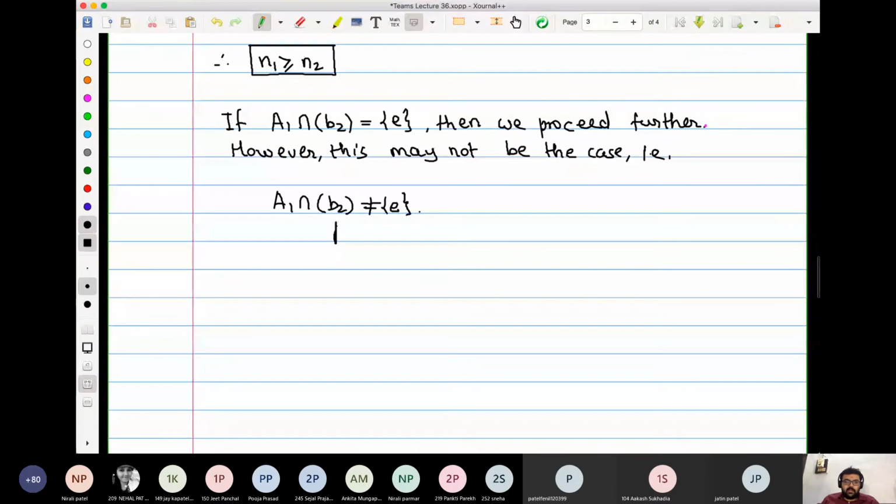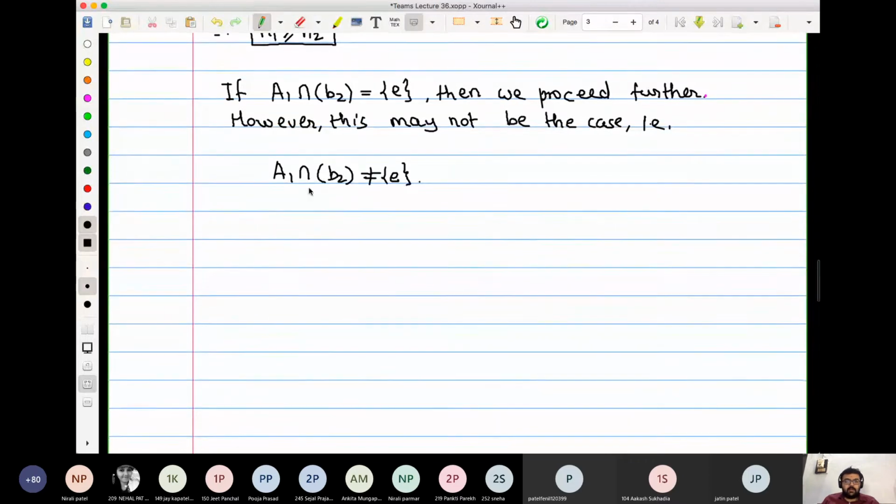So that means there is an element here which is also in this. Is it clear? There is an element common in both. So the cyclic group generated by B2, what does this group look like? E, B2, B2 square, B2 cube, B2 power 4, and so on. It must end somewhere. So there is some power of B2 which is in A1.